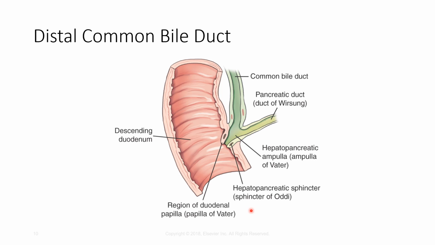That's why they're named with people's names, versus hepatopancreatic, which implies the liver and the pancreas. So the sphincter allows the bile from the liver and the enzymes from the pancreas to pass through. This is what relaxes when CCK is present in the bloodstream.